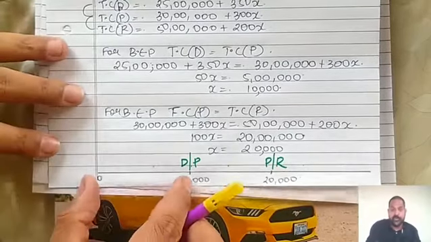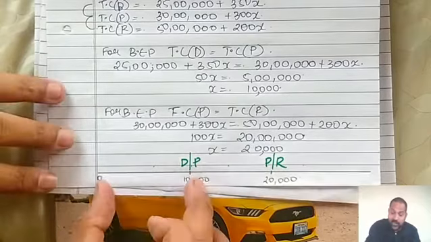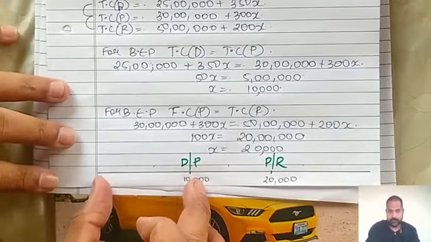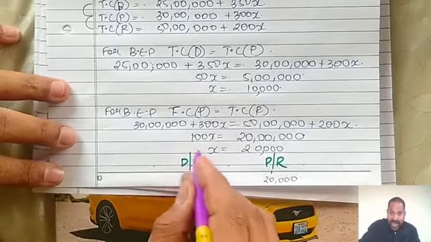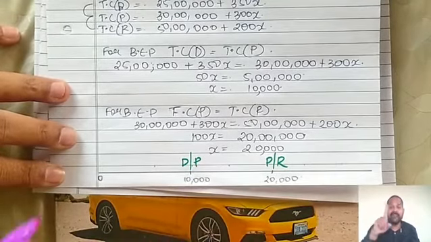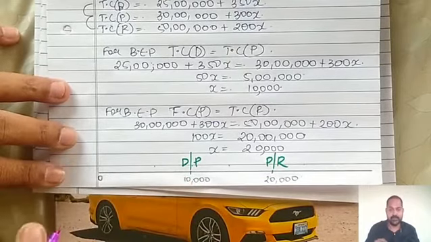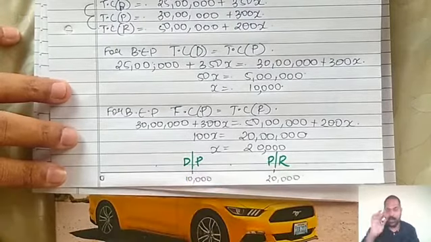Then what do I do between 0 to 10,000? I will tell you. Between 0 to 10,000, produce at whoever has a lower fixed cost. At 10,000, produce in Dhanbad or Patna, okay.